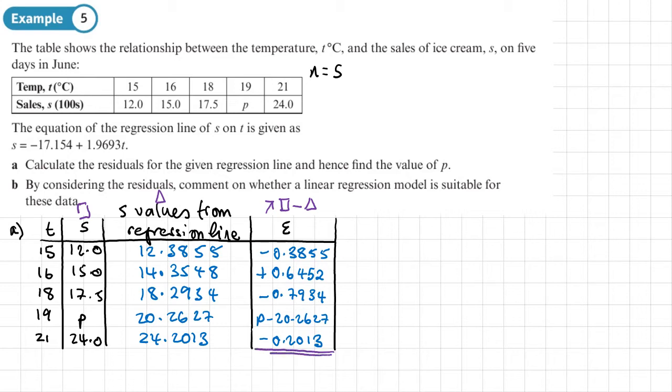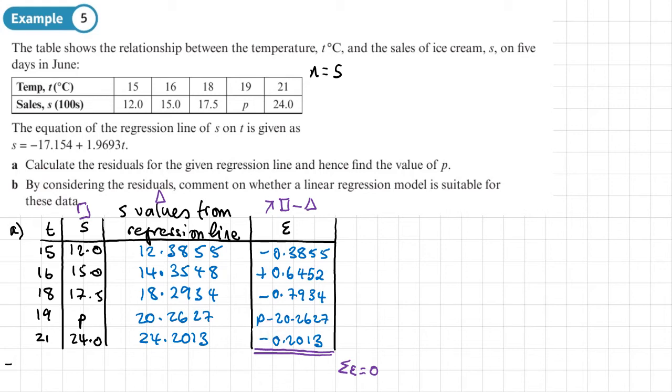Now, I'm not sure if I mentioned it before, but I did on a previous video. The sum of the residuals equals 0. So the sum of epsilon equals 0. I've got two epsilons there. That should be the sum of. So we know that the sum of these equals 0. Then we can use that to work out the value of P. So we'll just write that down.